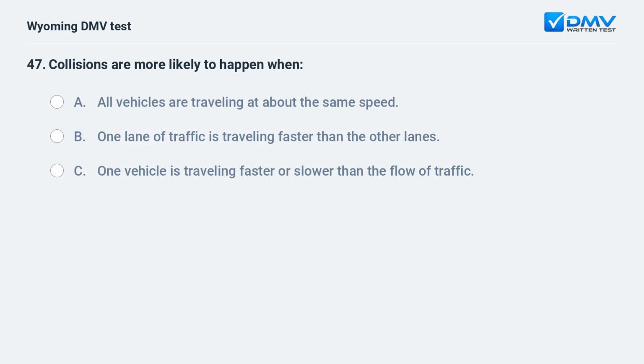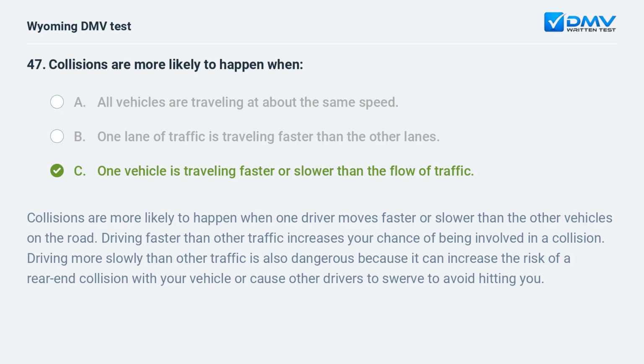Collisions are more likely to happen when A. All vehicles are traveling at about the same speed. B. One lane of traffic is traveling faster than the other lanes. C. One vehicle is traveling faster or slower than the flow of traffic. C. One vehicle is traveling faster or slower than the flow of traffic.